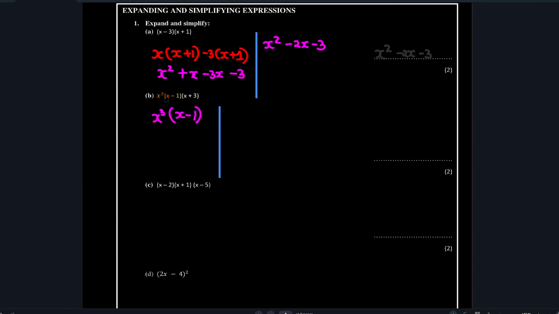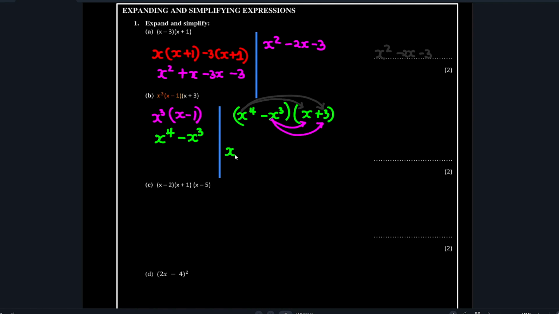So x cubed times x is going to give us x power 4. x cubed times negative 1 is going to be minus x power 3. Now what we have obtained will be multiplied by x plus 3. We are going to multiply x power 4 by x, and again x power 4 by 3. Again we shall move to x power 3 by x and x power 3 by 3.